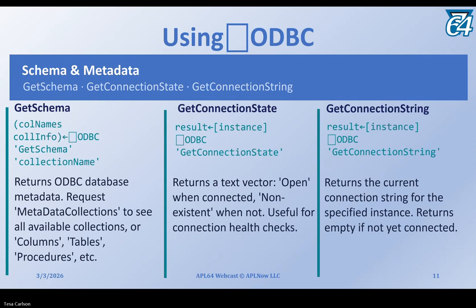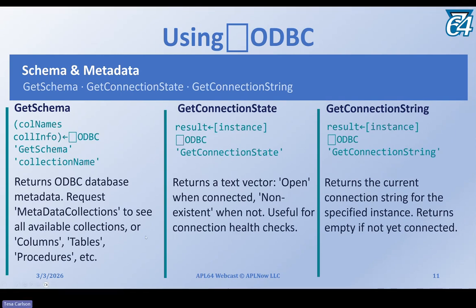You can request metadata collections to see all available collections, or you can request columns, tables, or procedures. The column names in the results is a character matrix containing the column names of the metadata, and the result column info is a matrix containing the metadata results.